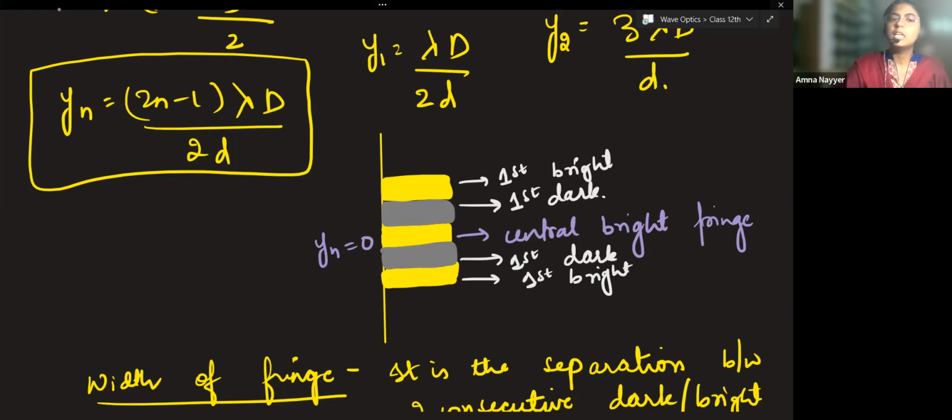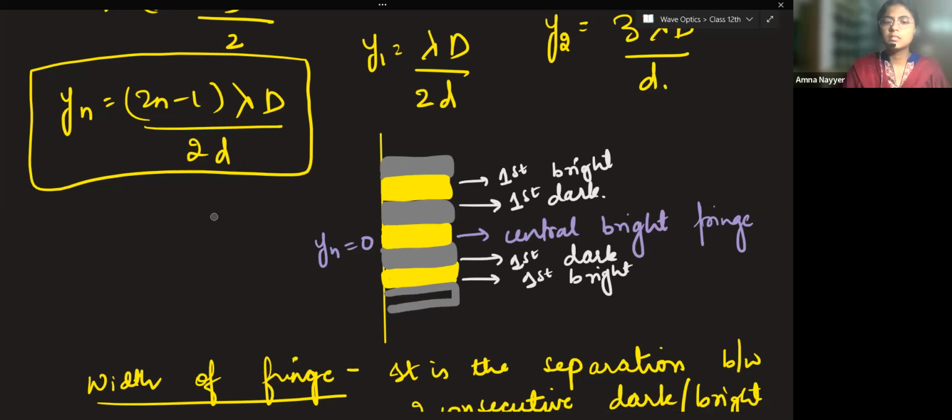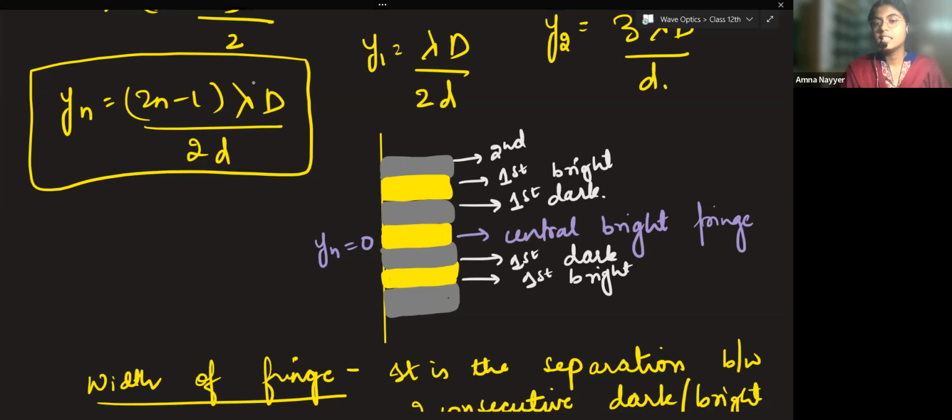Now what will happen? This will continue. Now you will get a dark fringe, a space, a vacancy of colors. So this will become what now? This becomes the second dark. So when I say second dark fringe, it does not mean the second one from the central bright. No, second dark means this is first, so this is second. This becomes the second dark fringe.